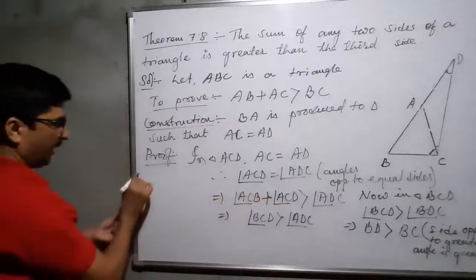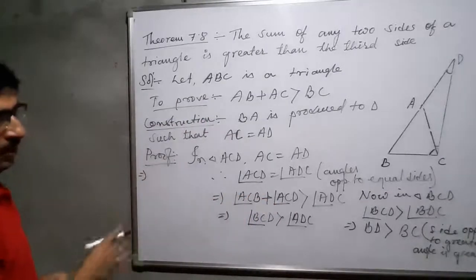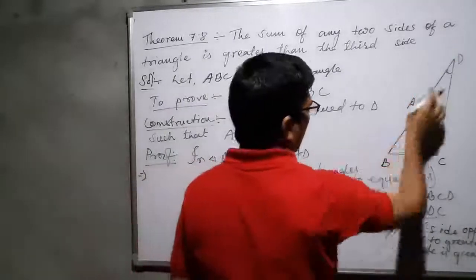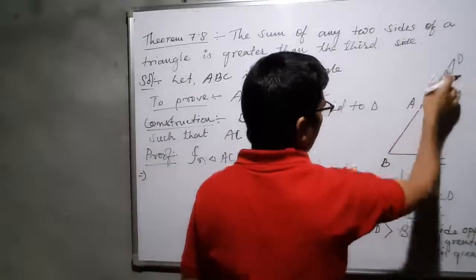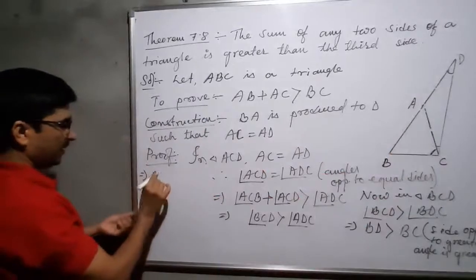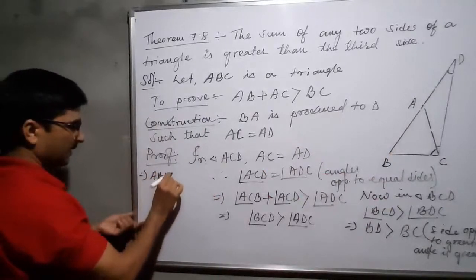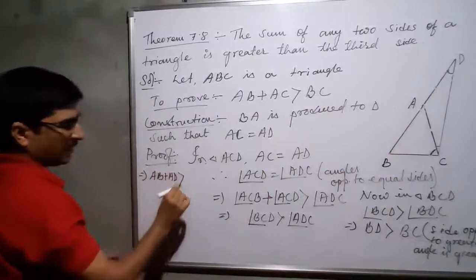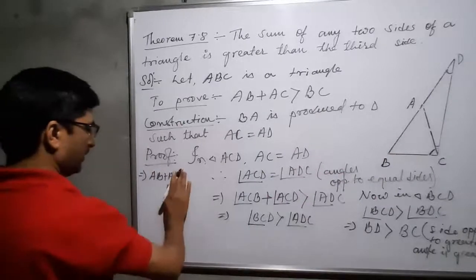Now from there, BD I can write as BA plus AD, that means AB plus AD. So AB plus AD is greater than BC.